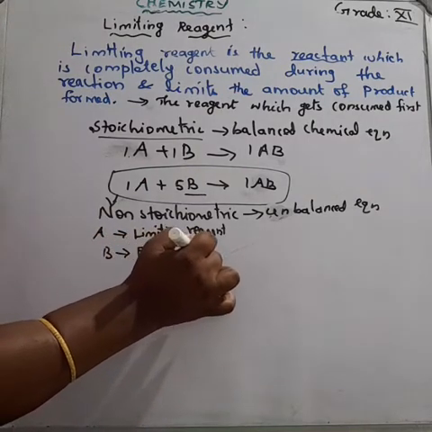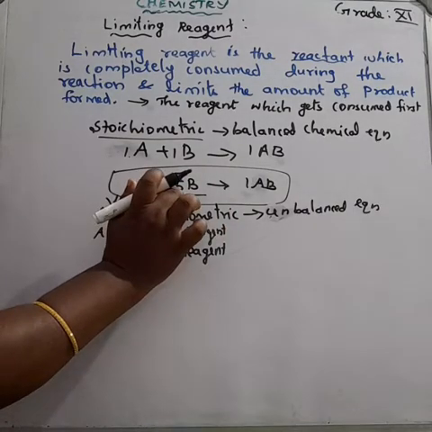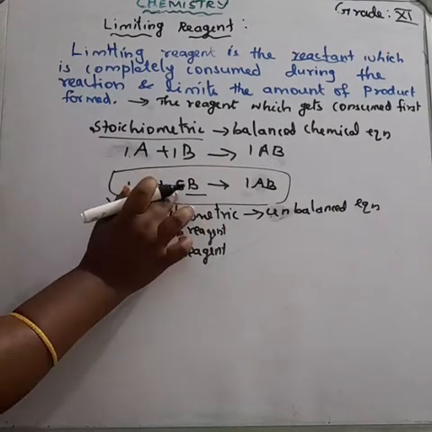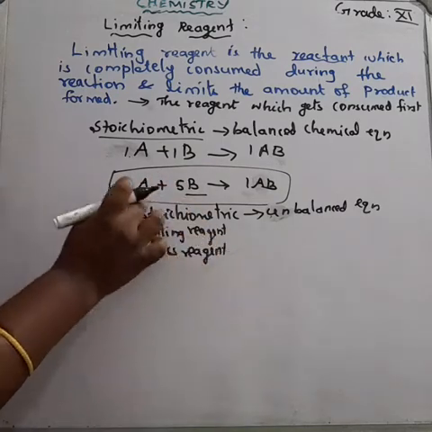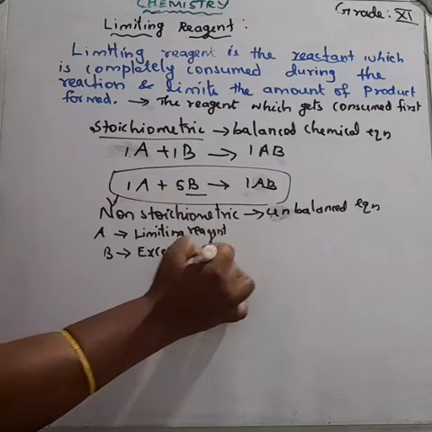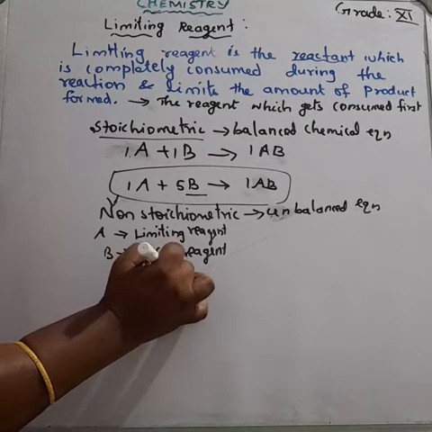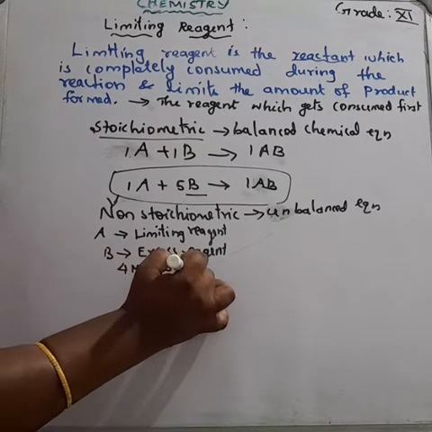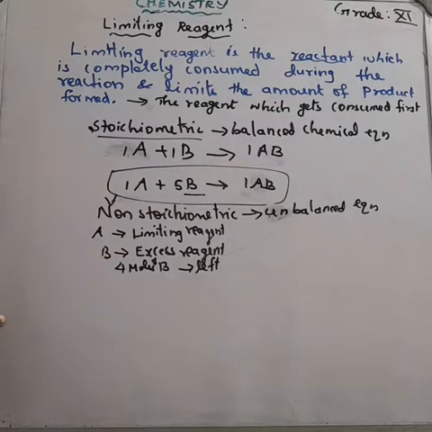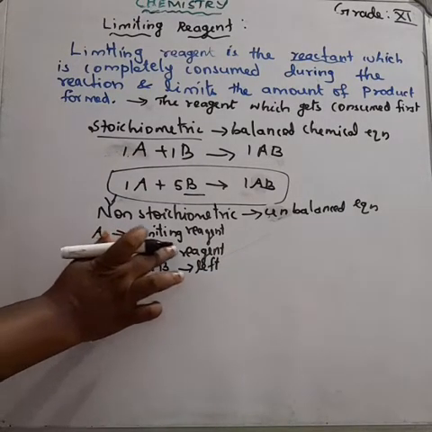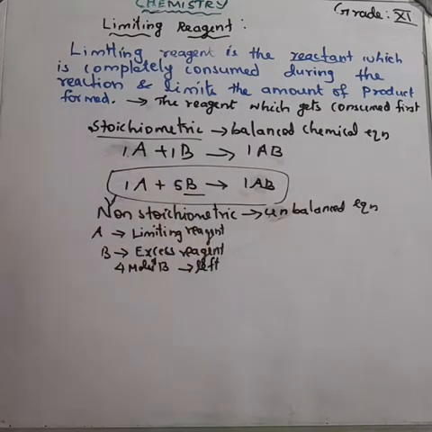Understood? 1 mole of A should react with 1 mole of B out of the 5 moles of B. So 4 moles of reagent B is in excess. 4 moles of reactant B are left. Because of this, reactant B we call the excess reagent. Reactant A is called the limiting reagent.